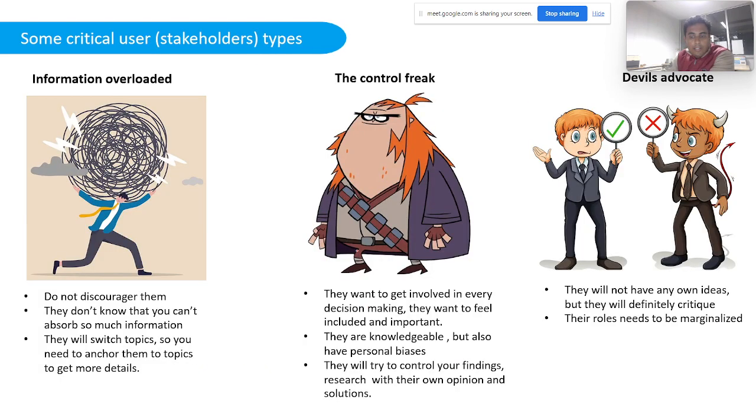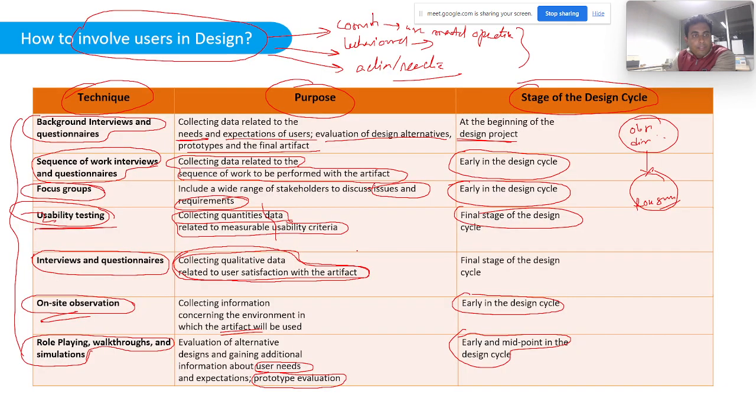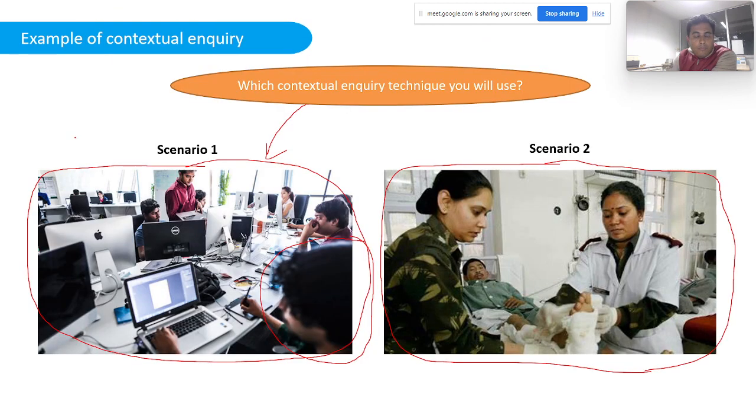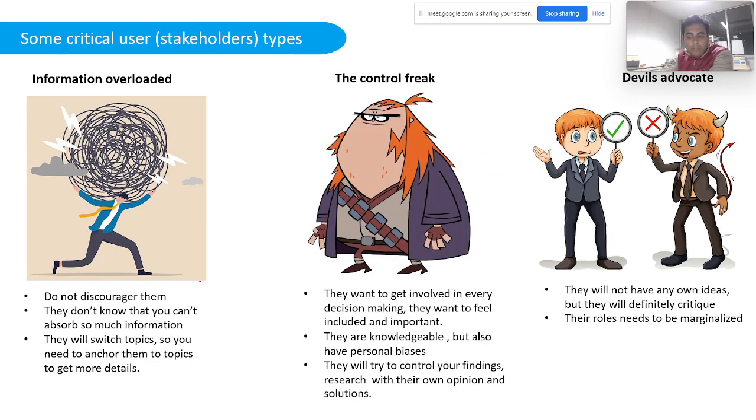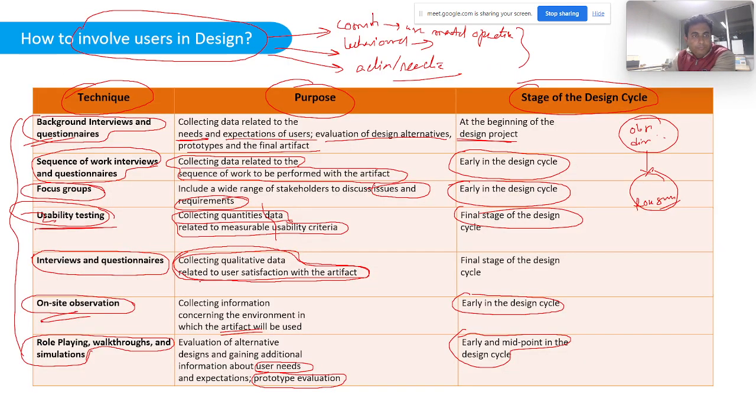So another method can be background interviews and questionnaires. Then he will allow you to understand his workflow. While he is working, you may sit beside him and interview him while he is involved with his daily activities. So that can be your sequence of work interviews.